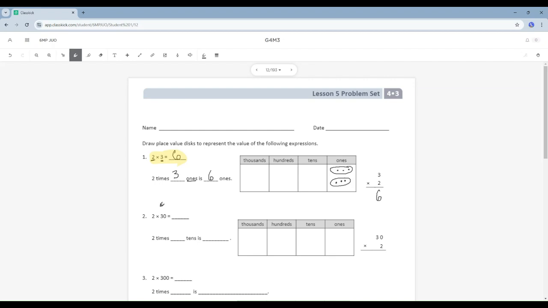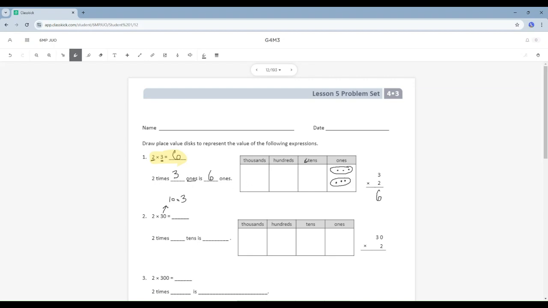Because if you take a look at number 2, we see 2 times 30. And what we know about 30 is that it is 10 times 3. So if I had 3 ones, I could shift them over to the tens place and they grow by a value of 10.